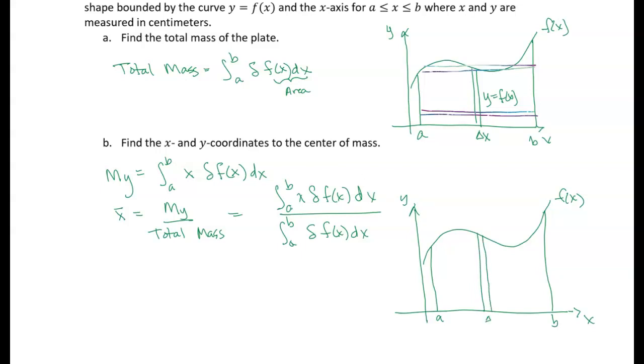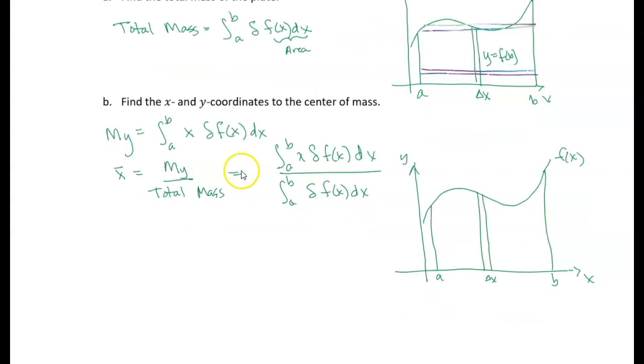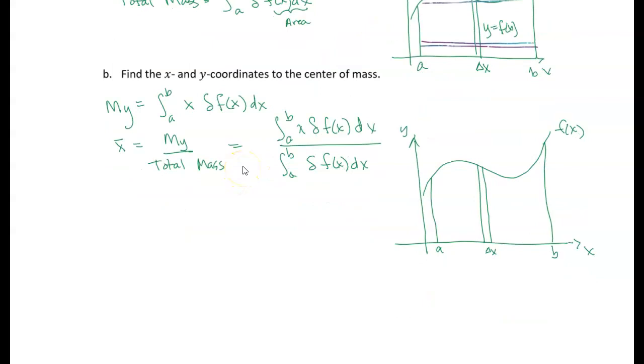So we have delta x. The question is, how do we find the y coordinate of the center of mass? We want the moment around the x-axis instead of the y-axis.